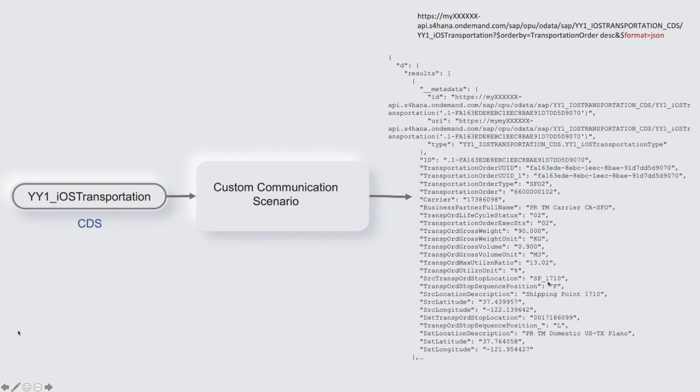And I'm leveraging this standard field, transportation order stop sequence position, where F denotes the first stop and L denotes the last stop. But you could also, if you wanted to, get the entire route of a freight order, including the intermediate stops. But obviously, it would be a little bit more complex, but definitely not a showstopper.